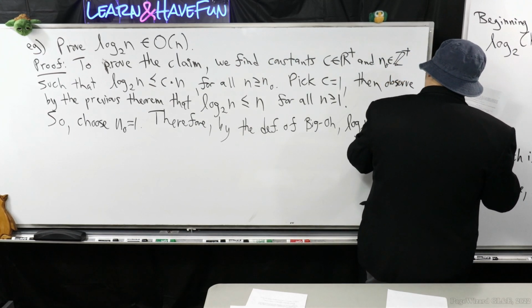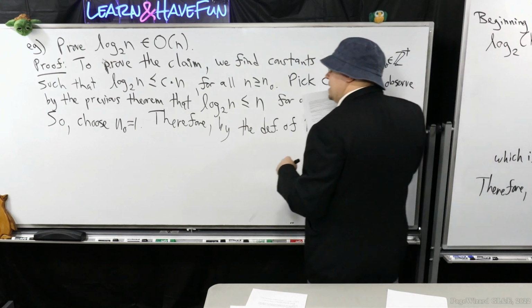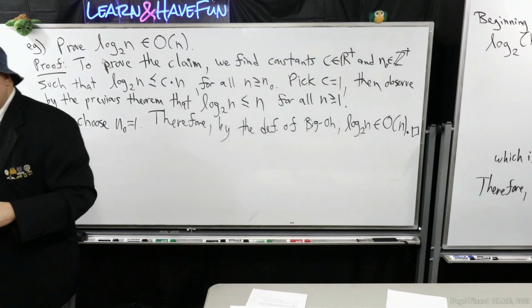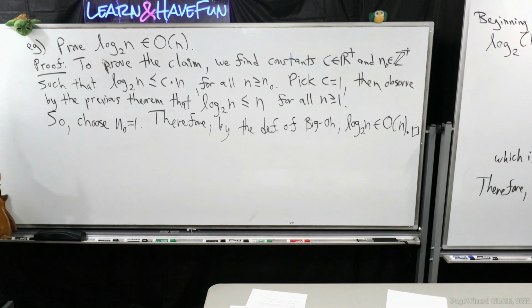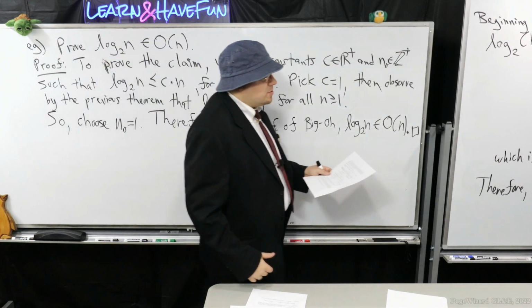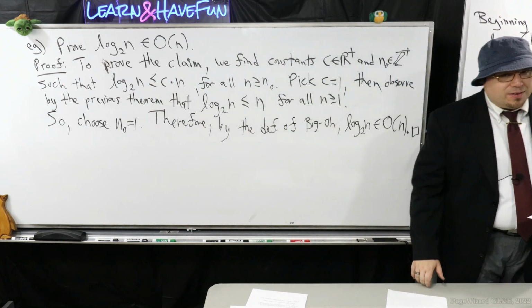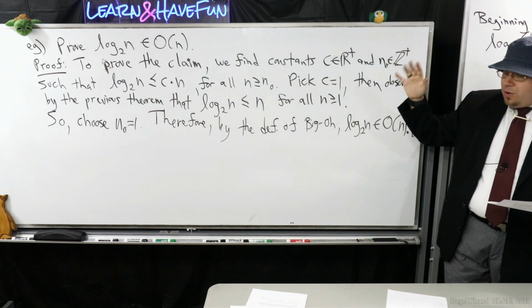And we've established this nice classic property. That's pretty wonderful, right? So we've sorted that out. So now we know that log base 2 of n is big O of n.